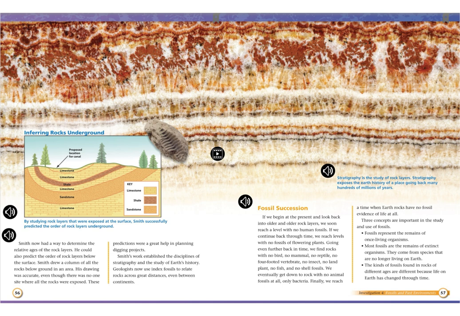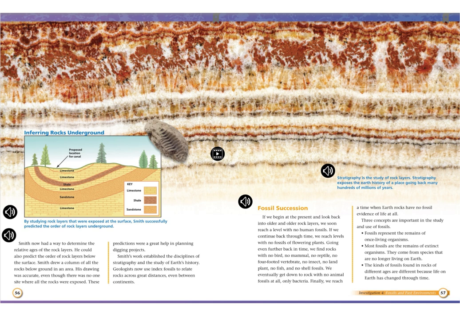Going even further back in time, we find rocks with no bird, no mammal, no reptile, no four-footed vertebrate, no insect, no land plant, no fish, and no shell fossils. We eventually get down to rock with no animal fossils at all, only bacteria. Finally, we reach a time when Earth rocks have no fossil evidence of life at all.